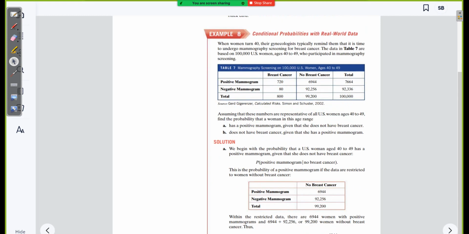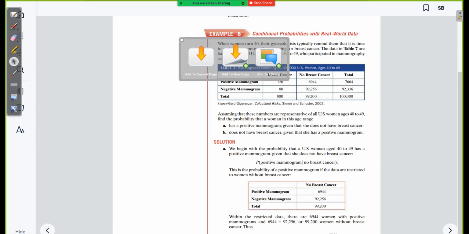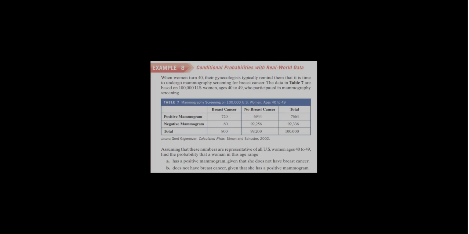Alrighty, so I think this is the last one for today. Example 8 reads, when women turn 40, their gynecologists typically remind them that it is time to undergo mammography, screening for breast cancer.